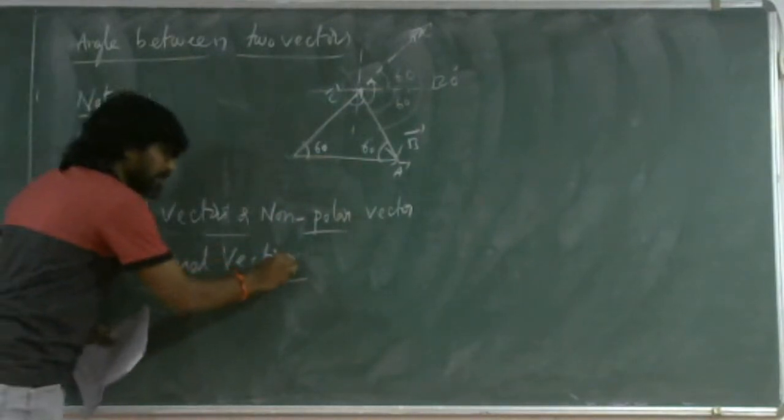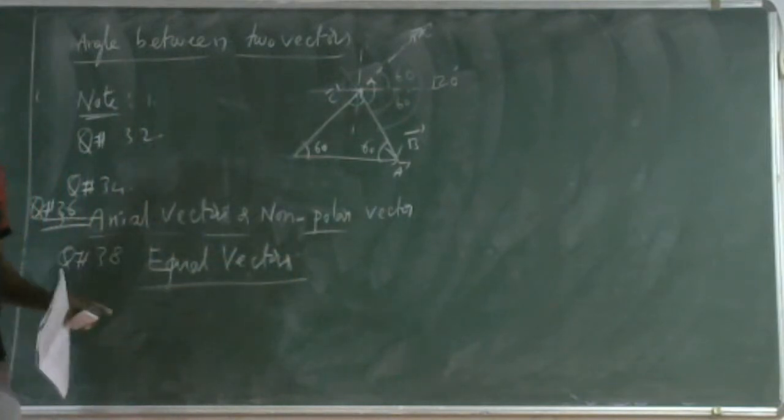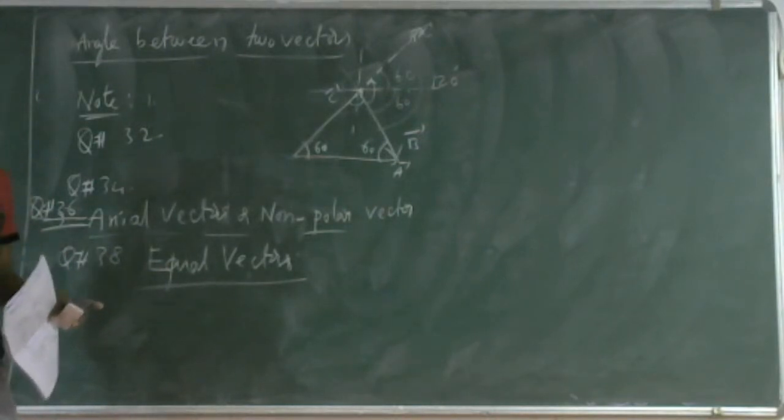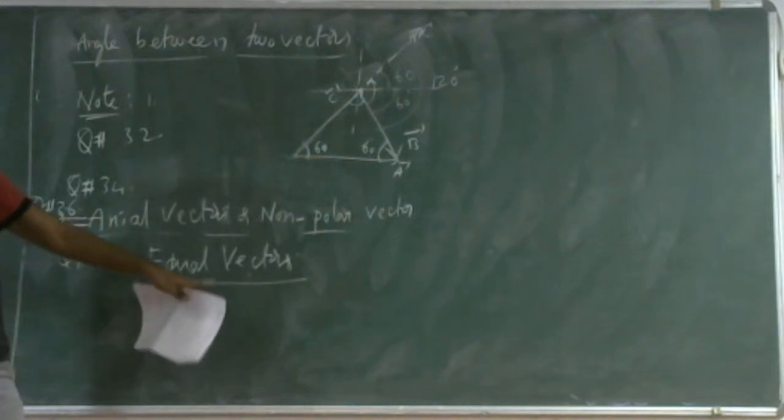If you have any two vectors which have the same magnitude and the same direction, provided they represent the same physical quantity, then they are called equal vectors.